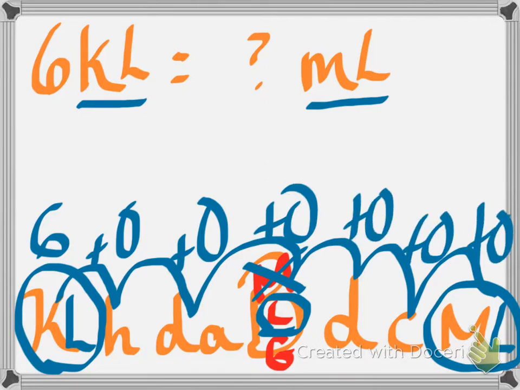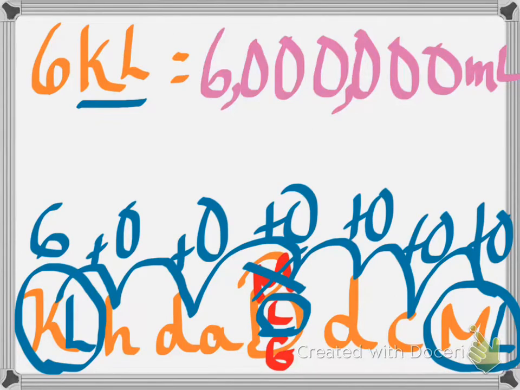Let's copy it down so it's a little bit neater. And that would give us 6 million. So 6 kiloliters equals 6 million milliliters. So it takes 6 million milliliters just to fill up 6 kiloliters.